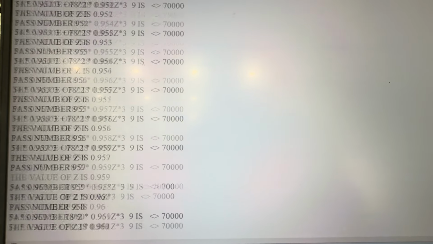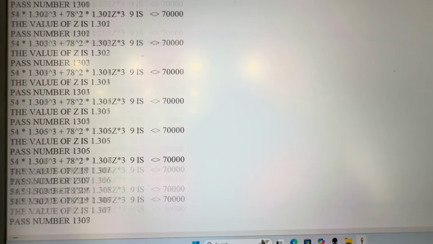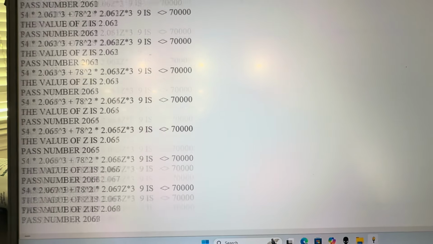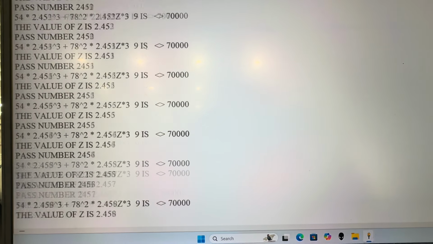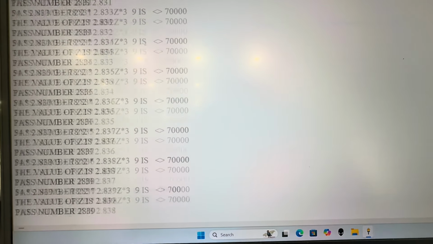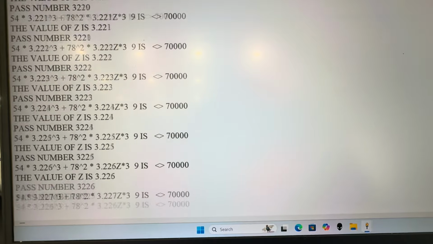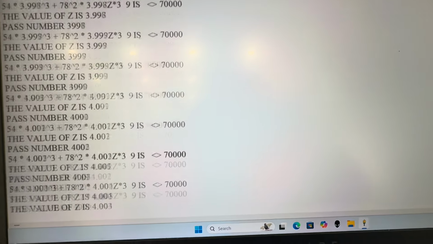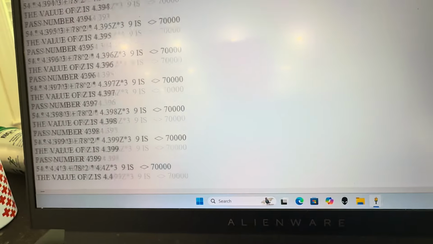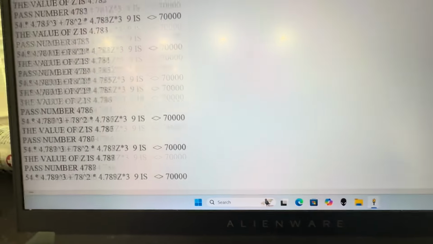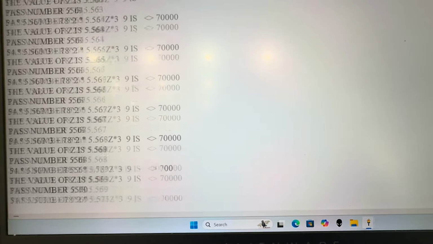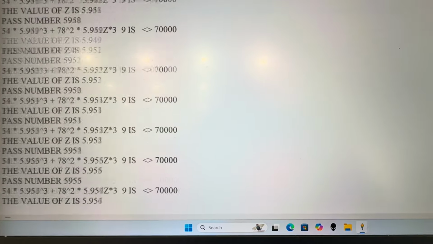The only thing I'm doing here is putting in the equation, and then putting in the increment. It's going to go. The program figured out the answer between 10 and 11 was between 9, I believe, and 10, and it's going to go around until it finds the correct answer, increasing.